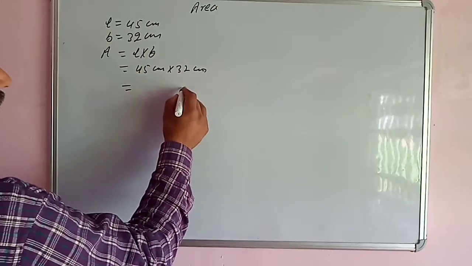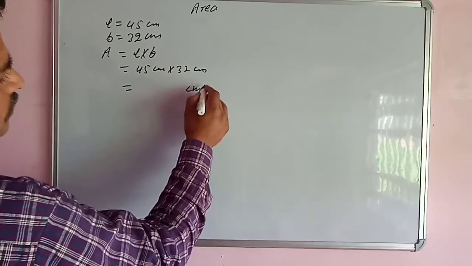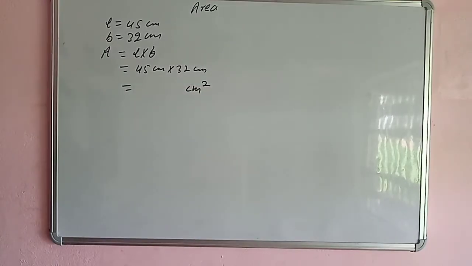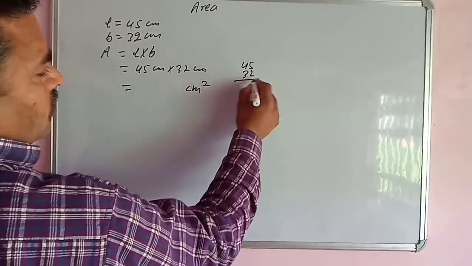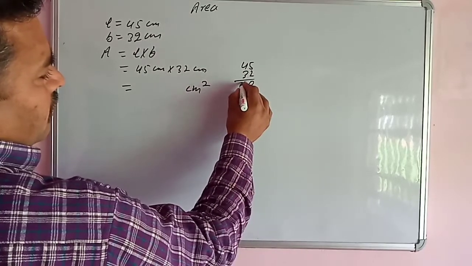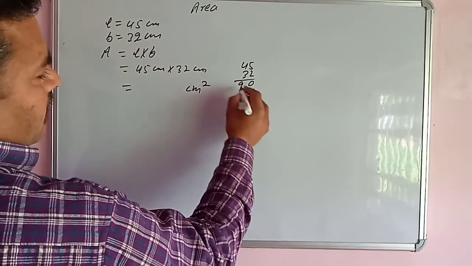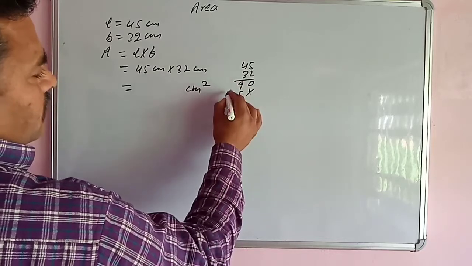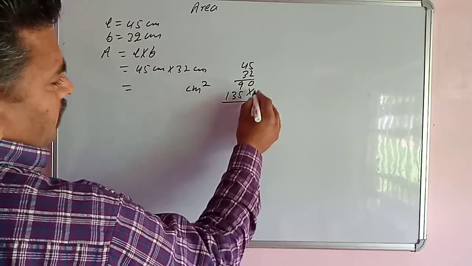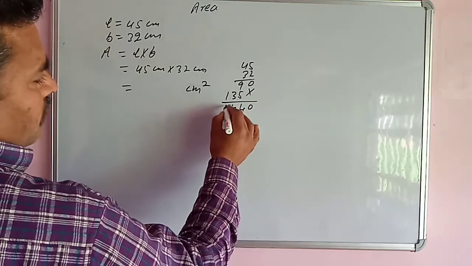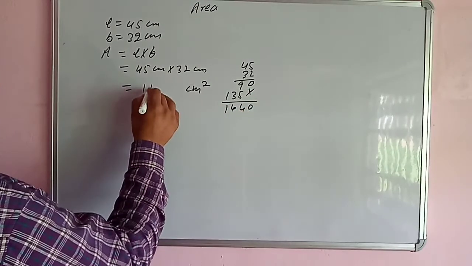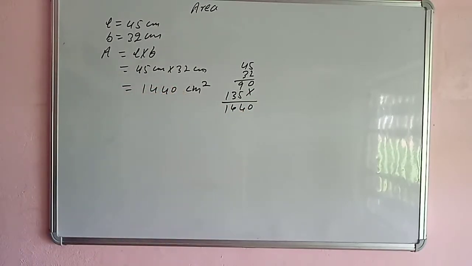The unit we will use here is square centimeter. So 45 multiply 32: 2 fives are 10, 2 fours are 8 and 1 is 9. Next, 3 fives are 15, 3 fours are 12 and 1 is 13. So it is 0, 9 plus 5 is 14, 4 and then 1, so it is 1440 square centimeters.